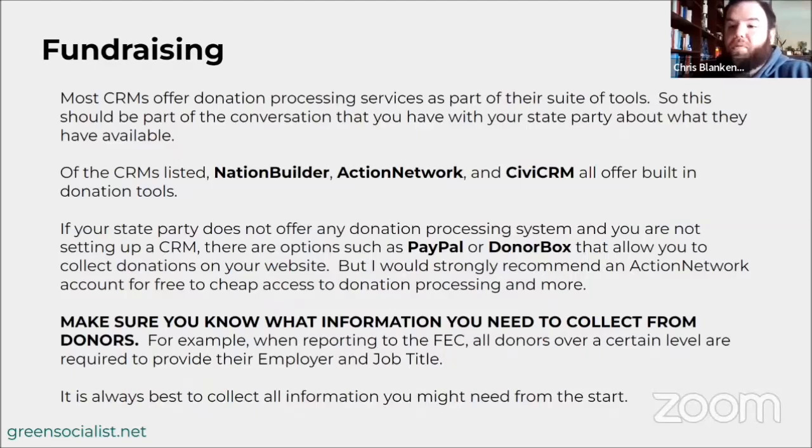They all operate on completely different rules, which means that things that work for me in Illinois won't work for you in Texas and won't work in New York and won't work in Hawaii, right? So you got to make sure whatever office you're running for, you're talking to people and you're finding out exactly what you need. Make sure you know what information you need to collect.